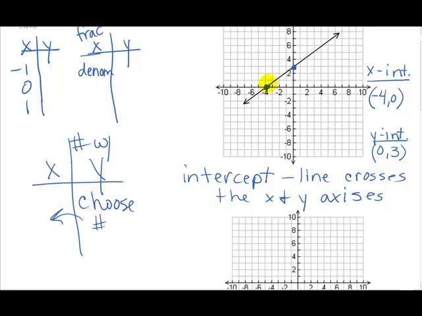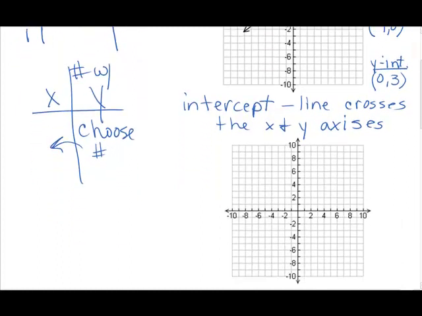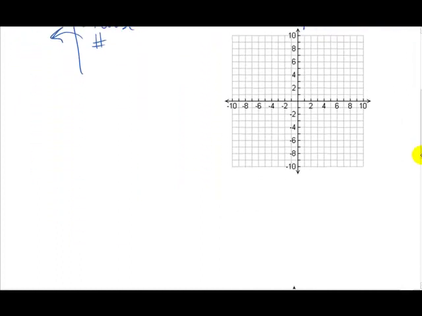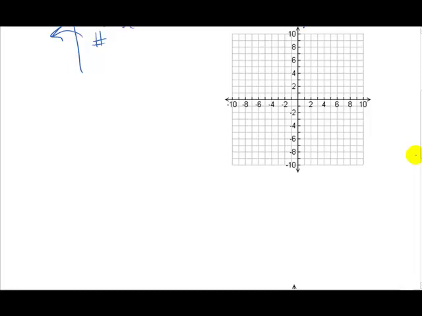But we'll have to also choose 0 for the y so that we can get this x-intercept. So let's go ahead and look at how we'll use this information in an equation that says graph, or it may say plot the intercepts.